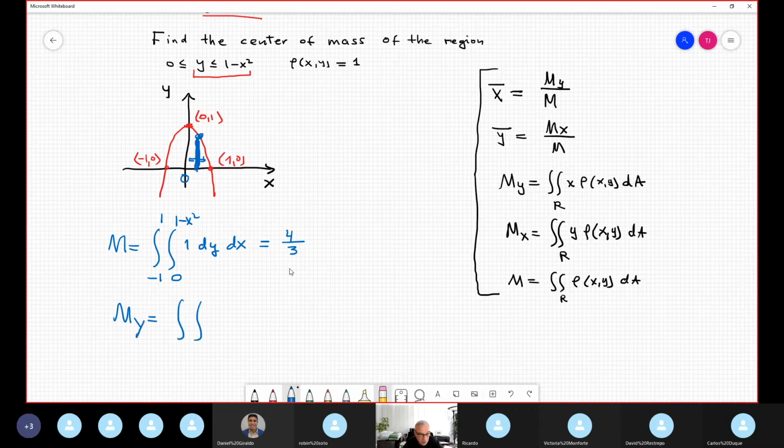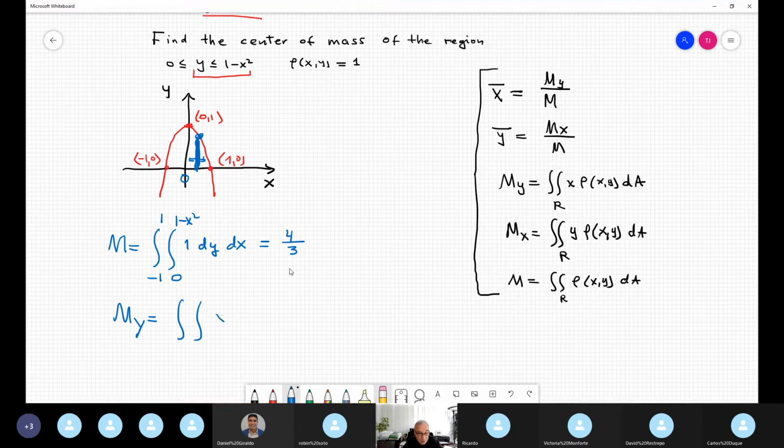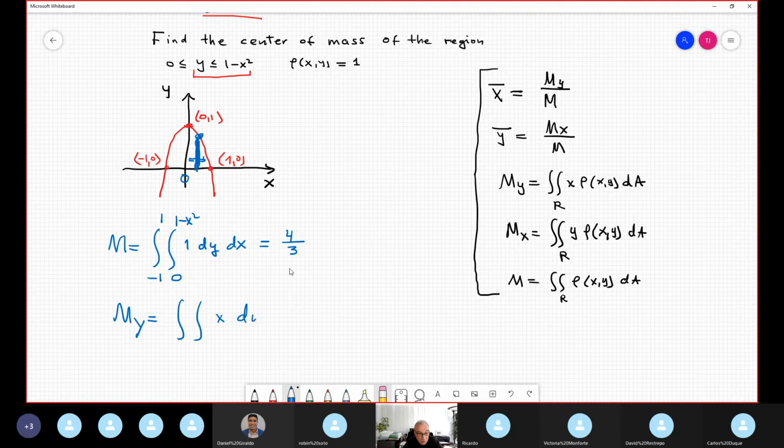It's again a double integral, but the integrand function now is x. Density function is 1, dA, dy dx. And the limits are the same: from 0 to 1 minus x squared, from -1 to 1. In this case, look, the integrand function is odd.